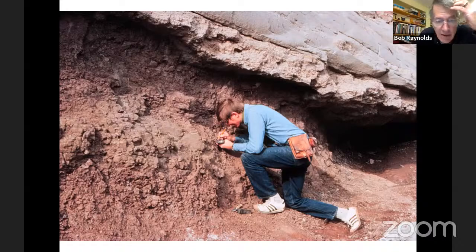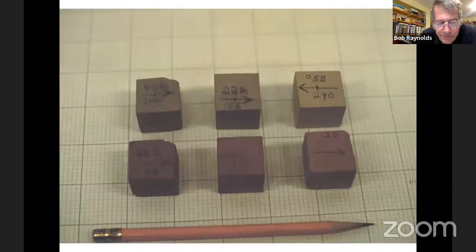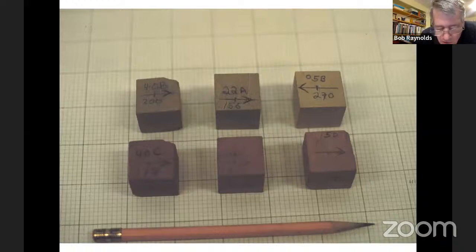And here, Gary is obtaining an oriented hand sample from the mudstone beds beneath one of the channel sandstones. These oriented samples are then cut into cubes, and people use different techniques. You can use a drill system today to get oriented little mini cores. But in any case, your ultimate goal is to have an oriented specimen, such as these cubes, with their field orientation scribed on them.